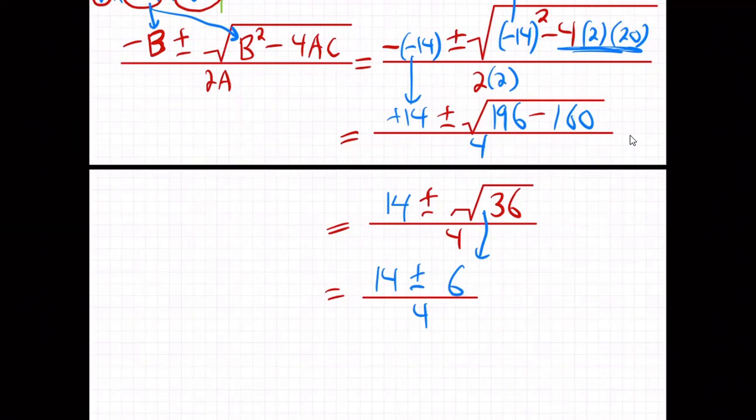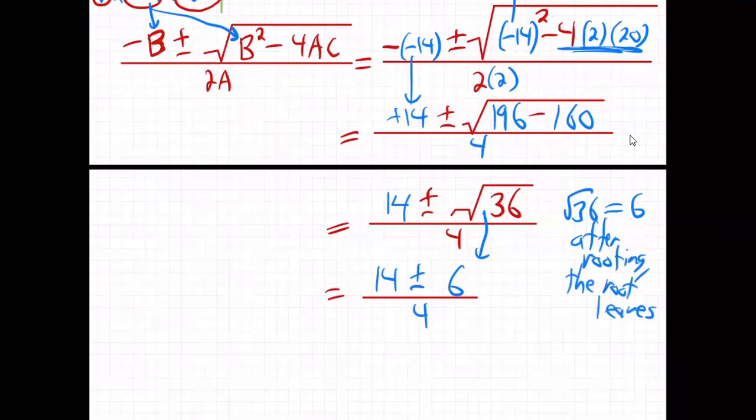So remember, whenever we have a number that is rootable, we do the root, and the root vanishes. No more root. After rooting, the root leaves. The square root does his job. Square root of 36 becomes 6, and then he vanishes.